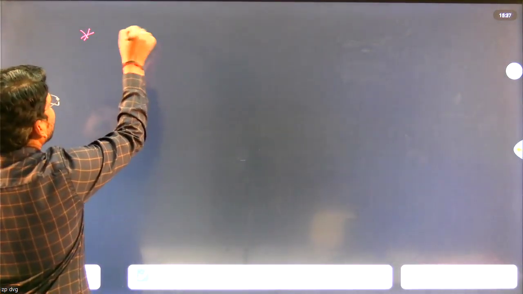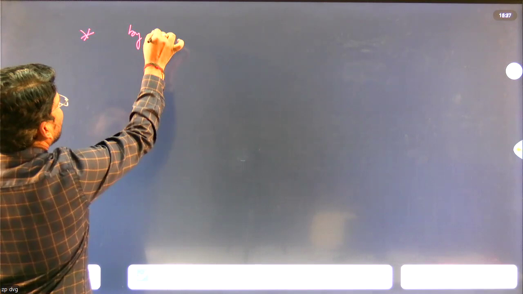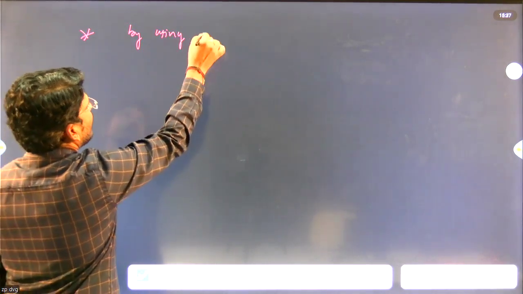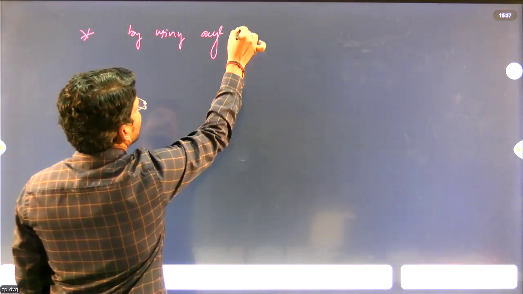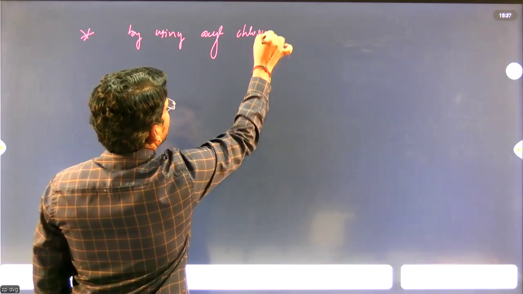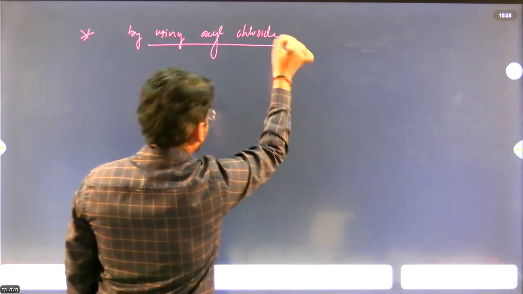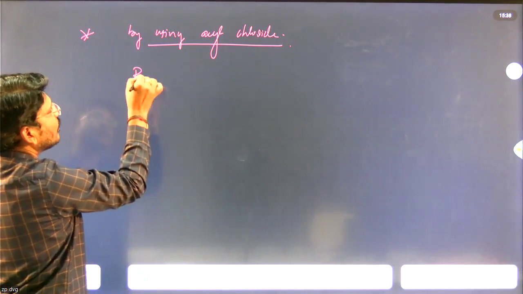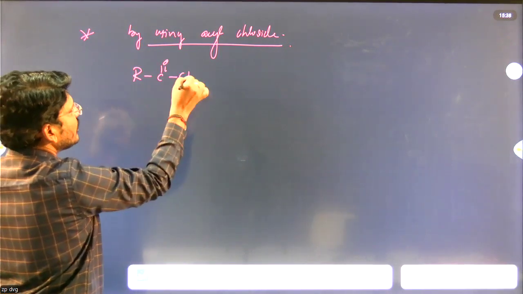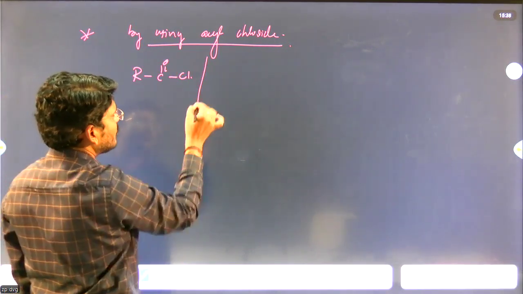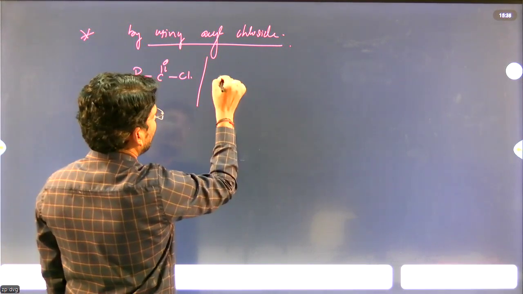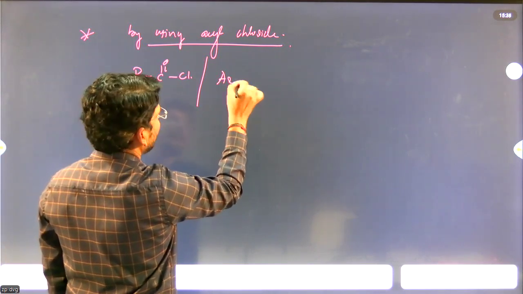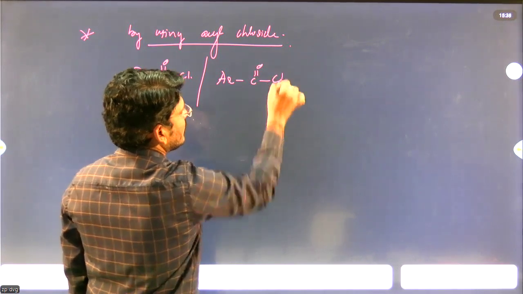Next, one more important method, by using acyl chloride. Here acyl chloride is nothing but RC double bond OCl. Either we can use acyl chloride, or aryl also, benzene containing compounds, Ar C double bond OCl. Observe the model.